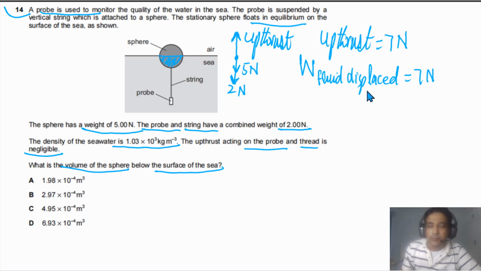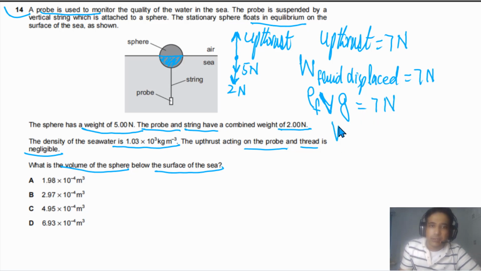So the weight of fluid displaced in this case is equal to 7 newtons, and the weight of fluid displaced is equal to the density of the fluid displaced times the volume of the fluid displaced times g, and this has to be equal to 7 newtons.